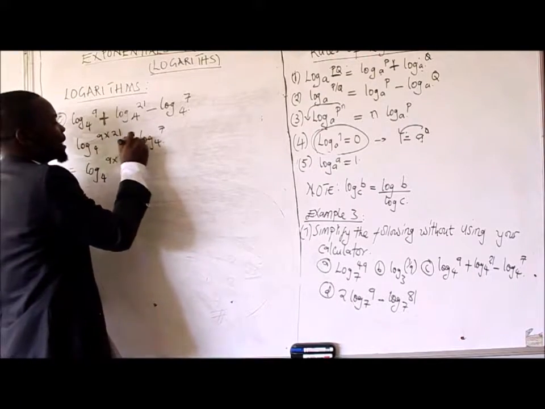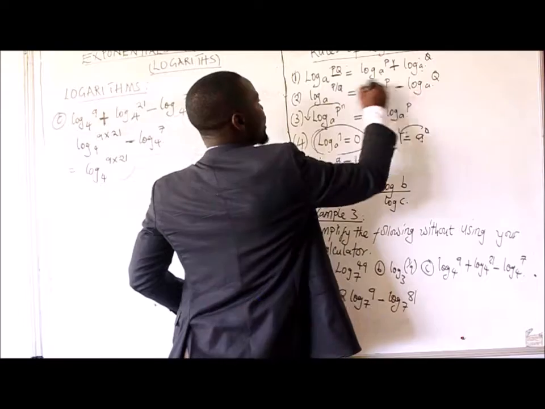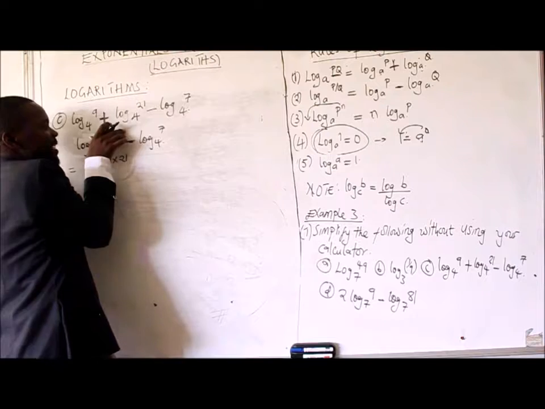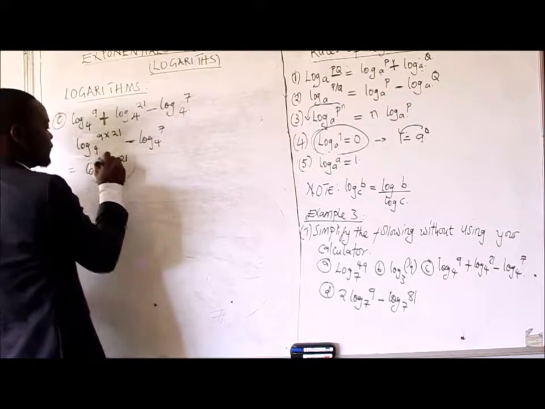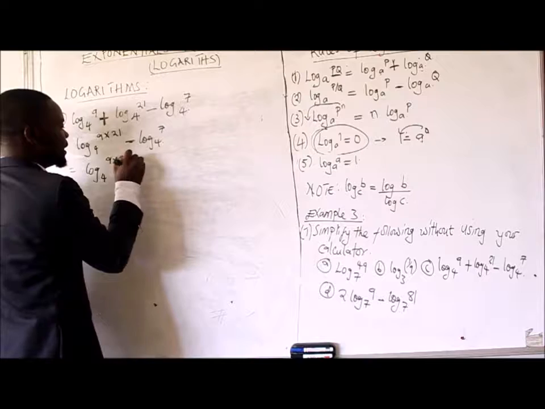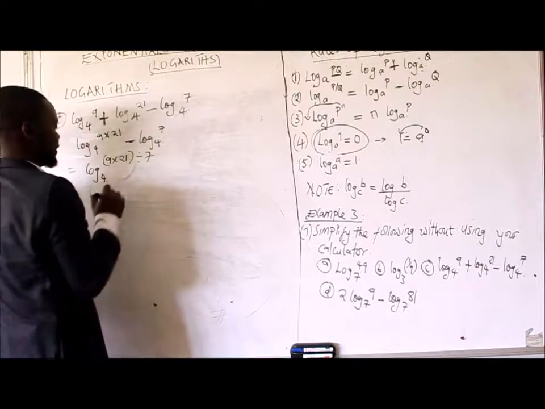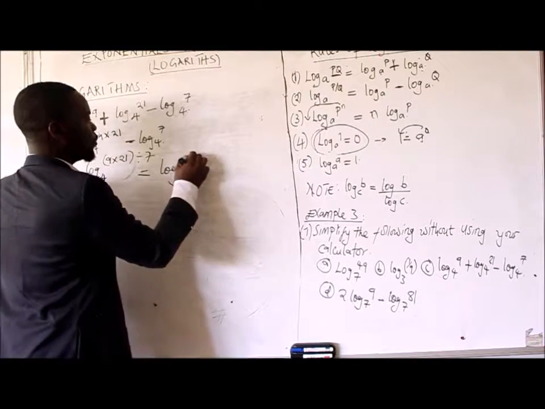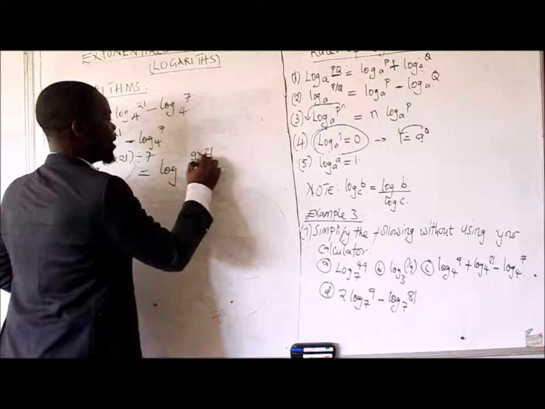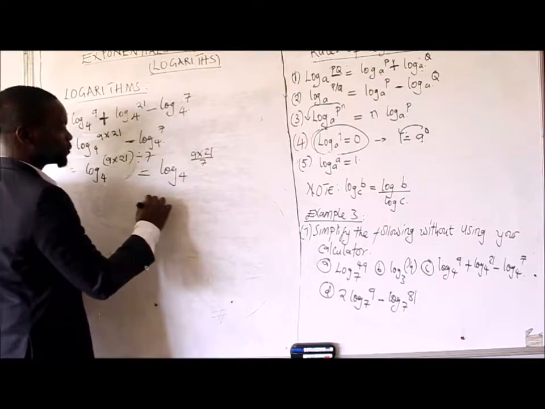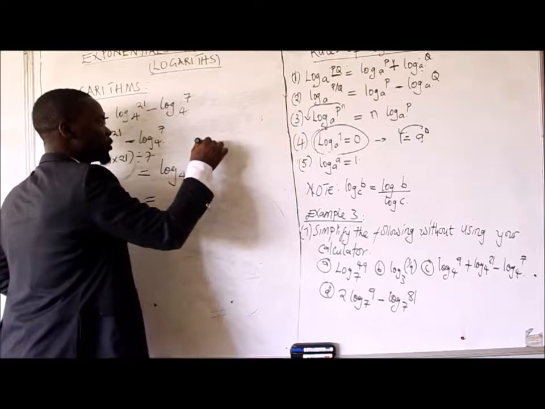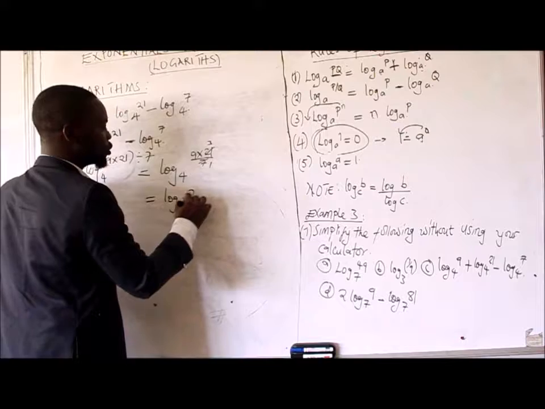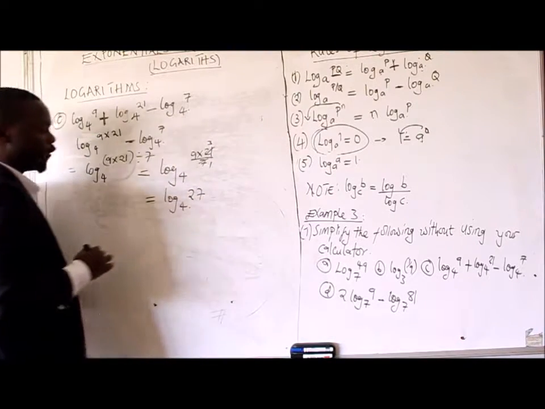Now since we are subtracting, then you divide P and Q. Therefore, we are going to divide this and this by 7, which can be written as log of 9 times 21 over 7 base 4. 7 into 7 is 1, 7 into 21 is 3. So we have got log of 9 times 3, which is 27, base 4.